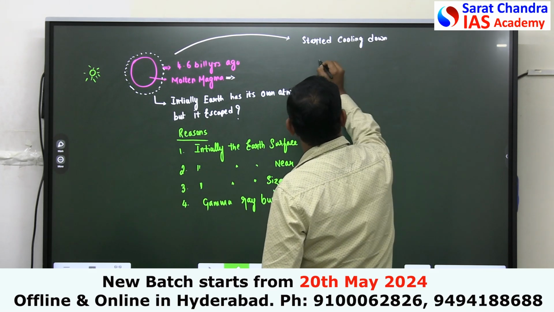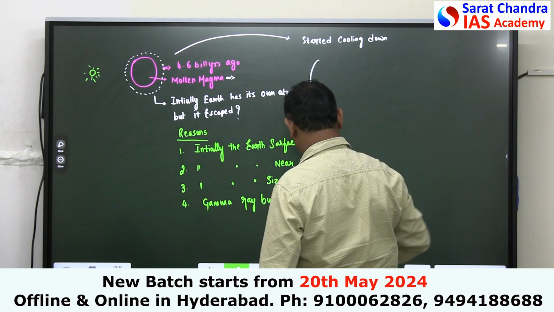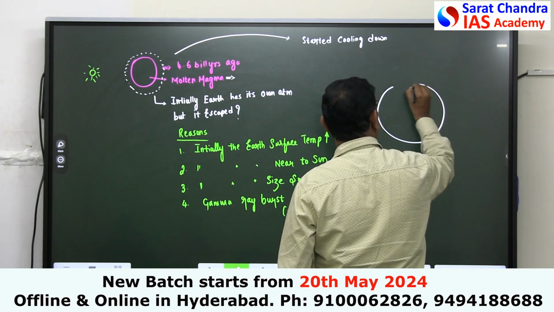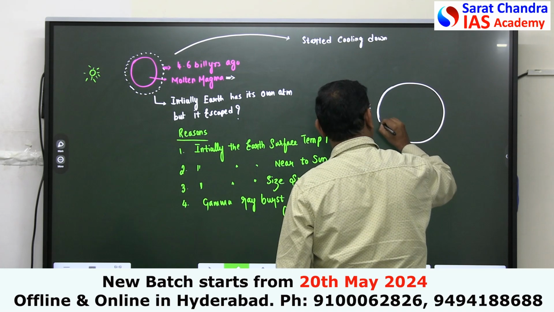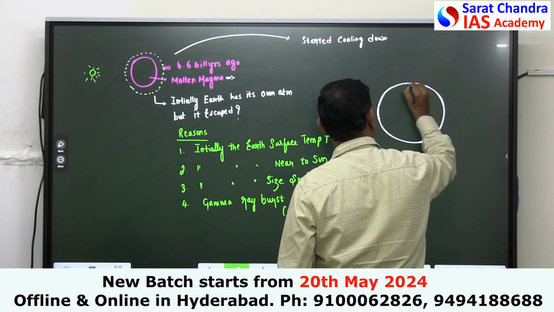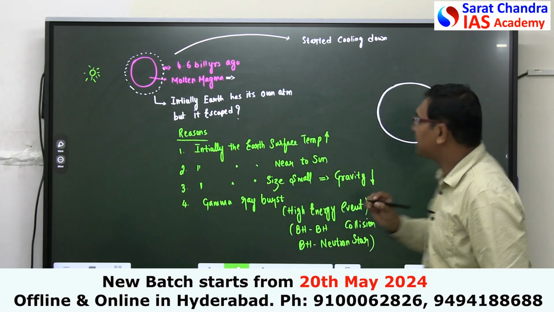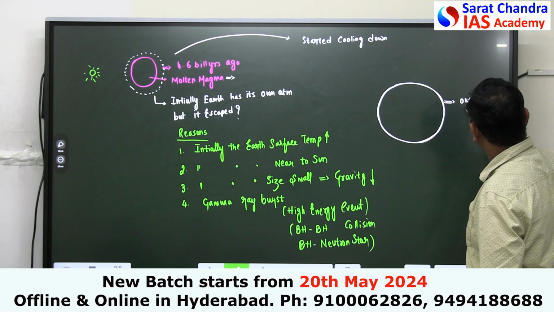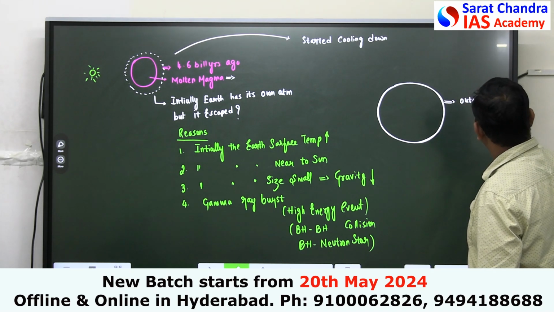As the earth started cooling down, listen carefully. Will the outer layer cool faster or the inner layer? The outer layer is called the crust. So can I say that the outer layer cools faster?